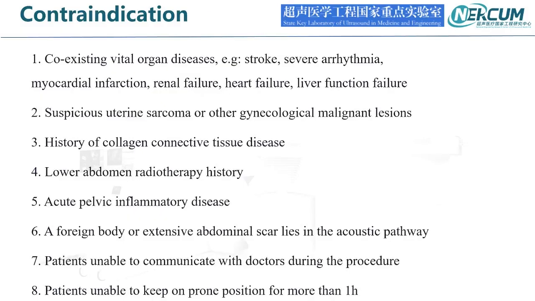And here, of course, there are some contraindications. The contraindications include diseases of important organs, and also if we find there could be some other kind of malignant lesions of the uterus, then it belongs to the contraindications. The contraindications include absolute contraindications and comparative contraindications.